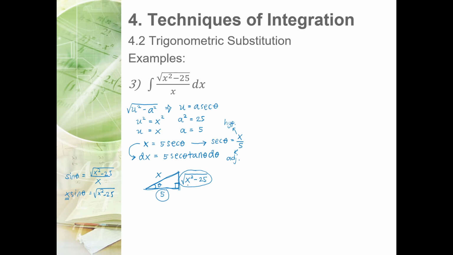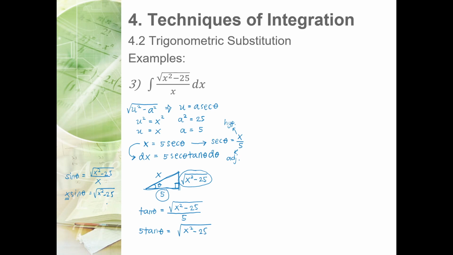So if you look at the expression, this one is tangent theta. The opposite side of the angle is the square root of x squared minus 25, all over 5. Then isolating the radical expression, you have 5 tangent theta is equal to the square root of x squared minus 25.